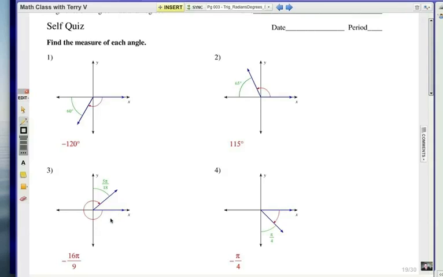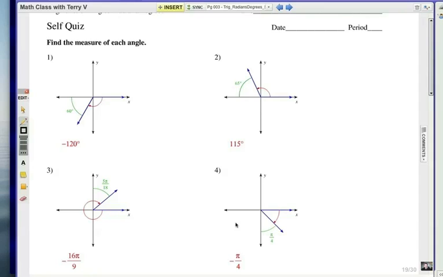So each quarter turn is going to be negative 9/18, negative 18/18, negative 27/18, and negative 32/18 by the time we add that amount, and 32 pi over 18 is reduced to negative 16 pi over 9.